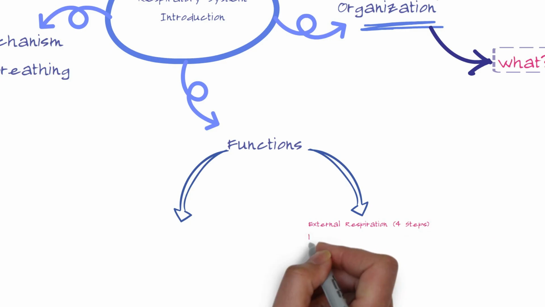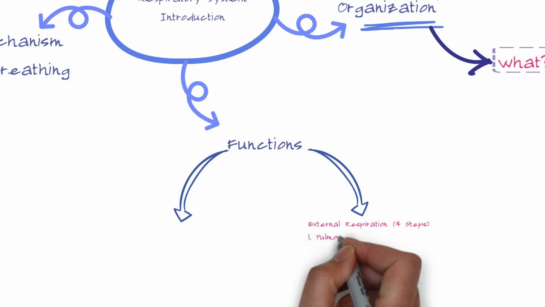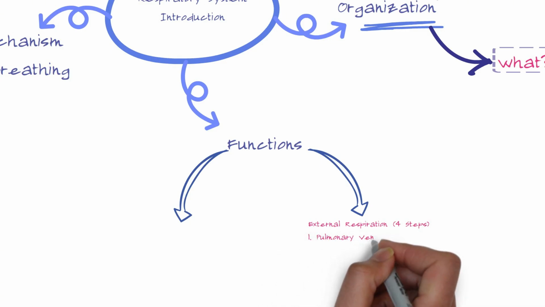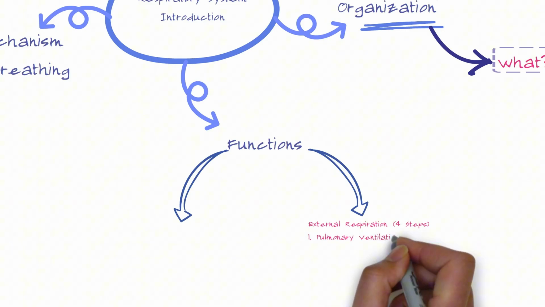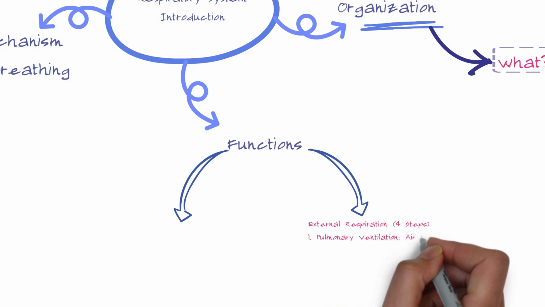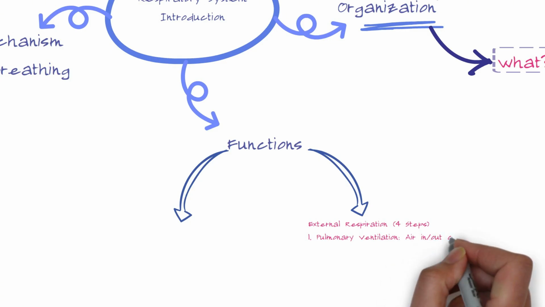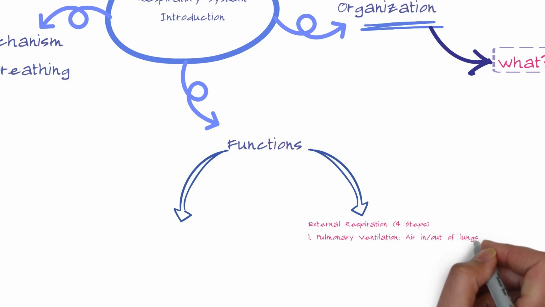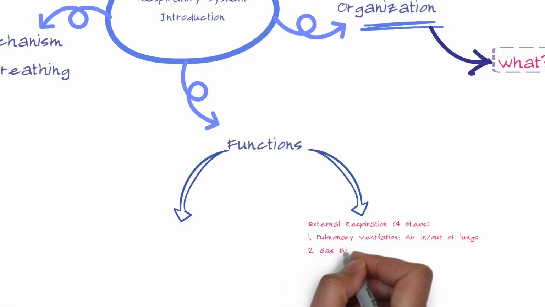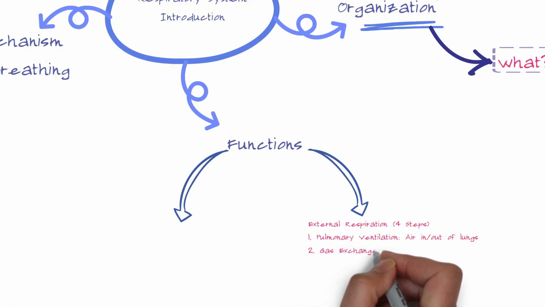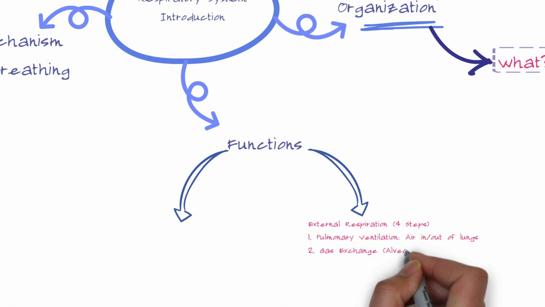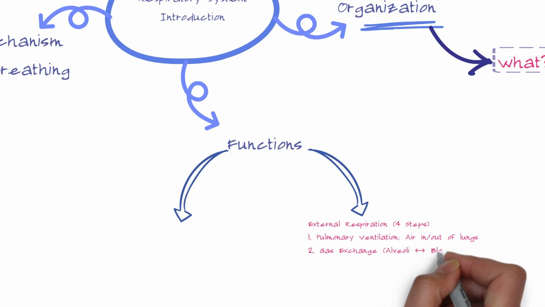The external respiration is a continuous process, including four main steps. First, pulmonary ventilation, in which the air moves in and out of the lung, and gas exchange, in which the gases, oxygen and carbon dioxide, move between the alveoli and the blood.